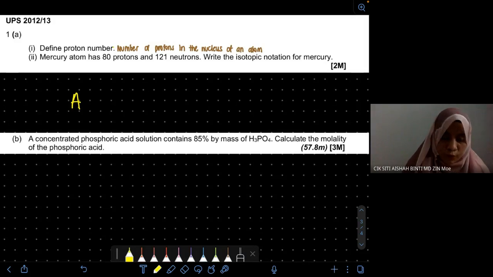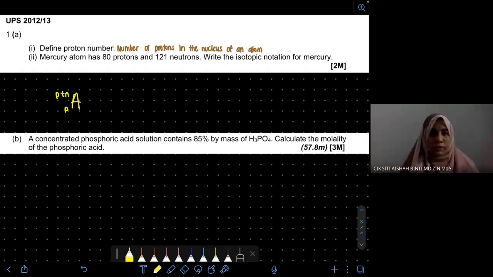The bottom left is actually our proton number. The upper left is proton plus neutron ataupun kita punya nucleon number.